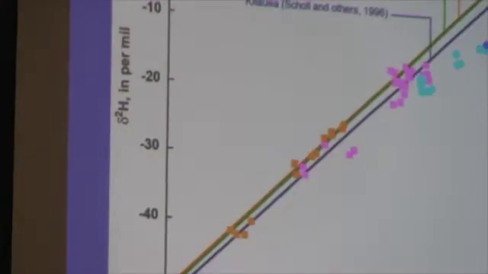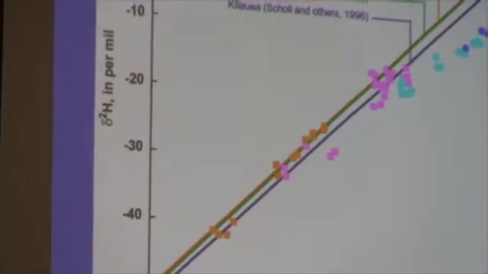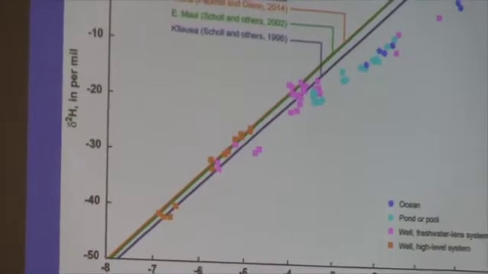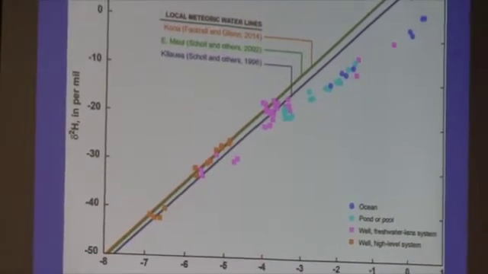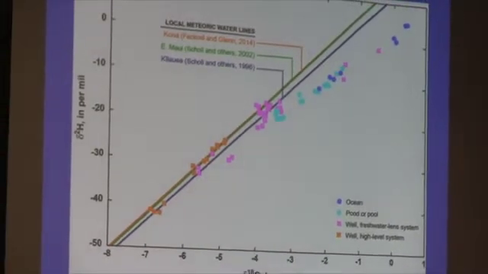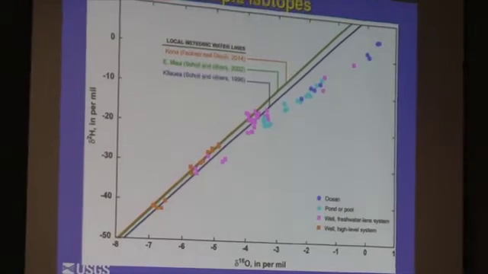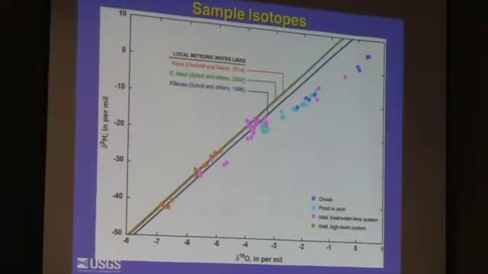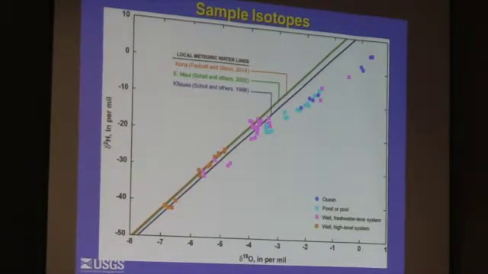Next slide. Okay, so this plot, switching gears a little bit, is similar in nature. It's plotting the hydrogen isotopes on the vertical scale and the oxygen on the horizontal scale. But these are now the groundwater samples that we collected, not the rainfall samples. I've shown the rainfall lines from the previous graph, but all the symbols you see here are either groundwater samples, anchialine pool samples, or ocean samples that we collected.